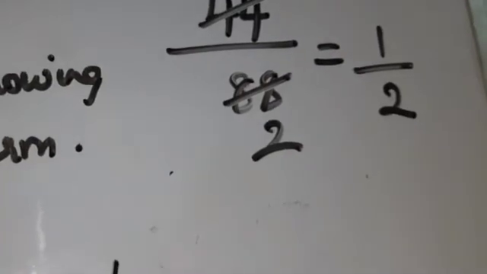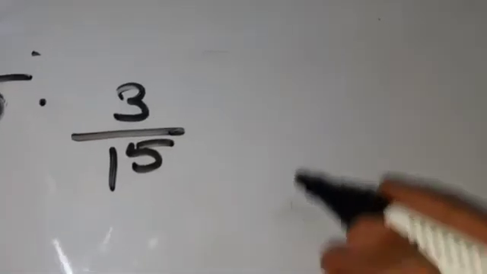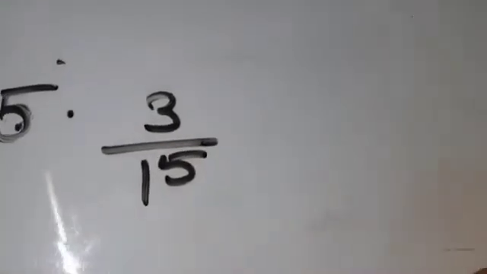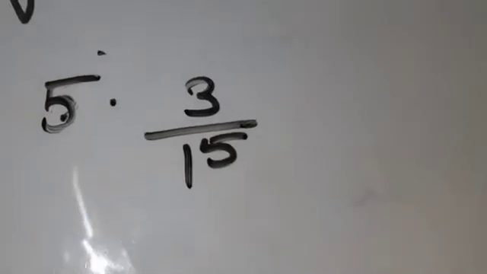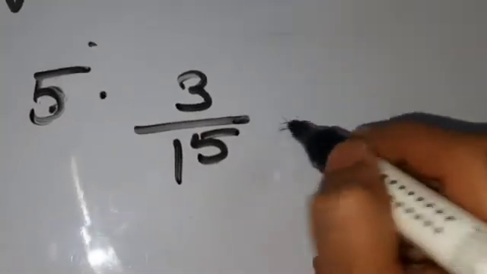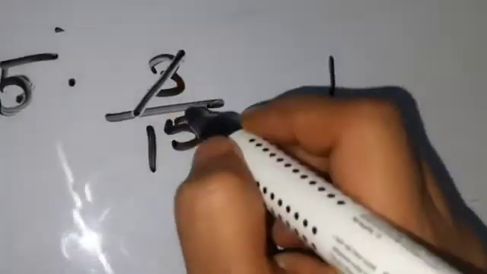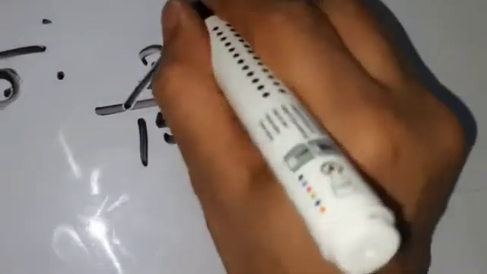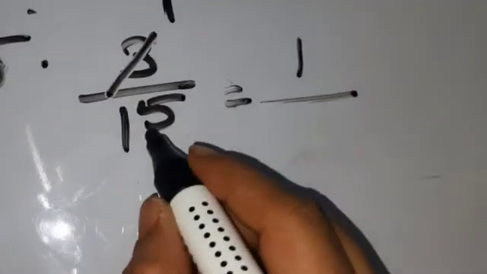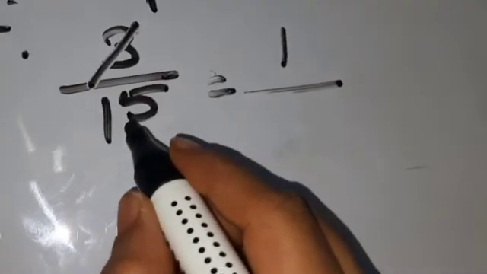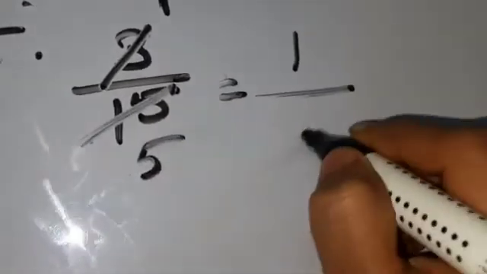Now let's solve the fifth problem. In fifth problem, they have given the fraction as 3 by 15. Now in 3 table, we are going to simplify. Say 3 table, 3 ones are 3. So the numerator has been cancelled in 3 table. 3 twos are 6. 3 threes are 9. 3 fours are 12. 3 fives are 15.